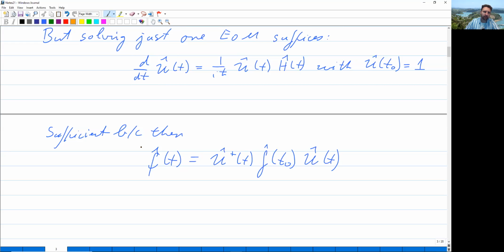This equation is important. We will later come back to it.